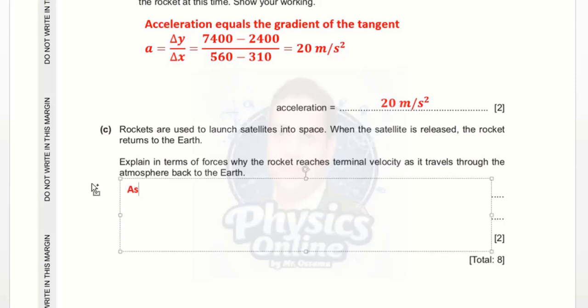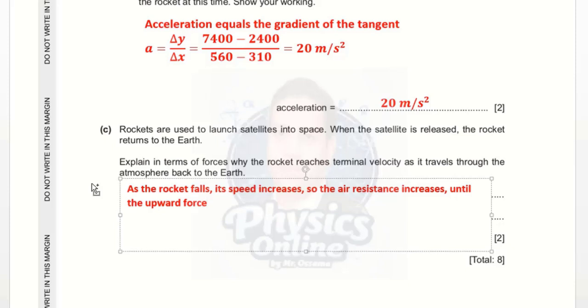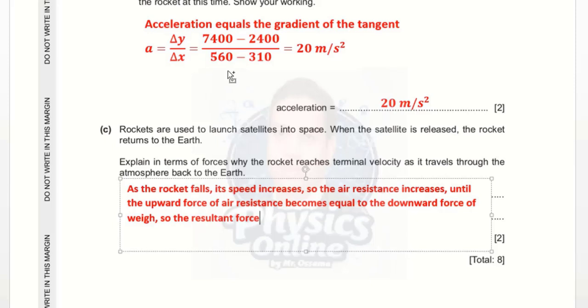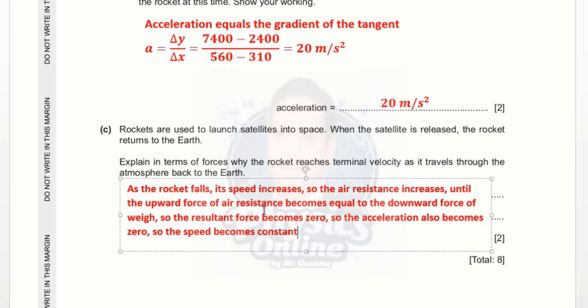Well, as the rocket falls, its speed increases, so the air resistance also increases until the upward force of the air resistance becomes equal to the downward force of the weight. So the resultant force becomes 0. So acceleration equals 0. So the speed becomes constant, which is the terminal velocity.